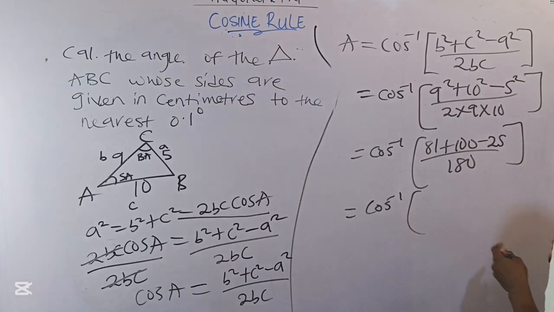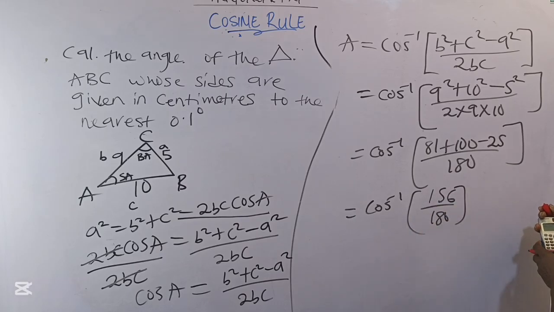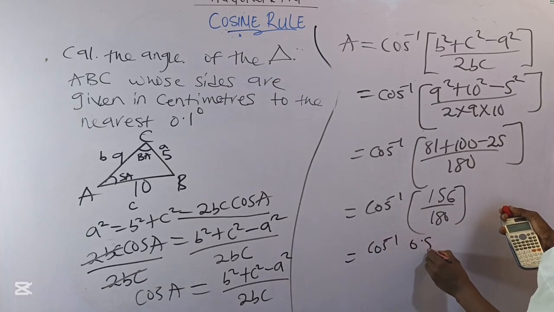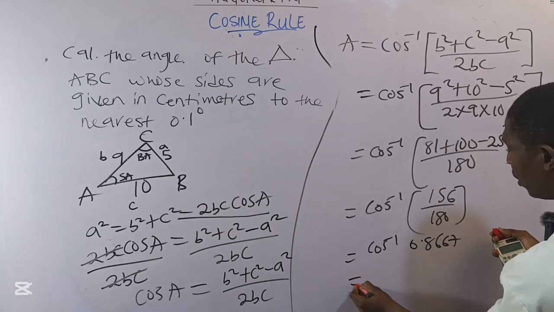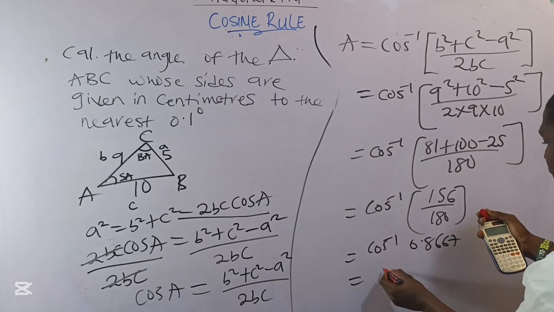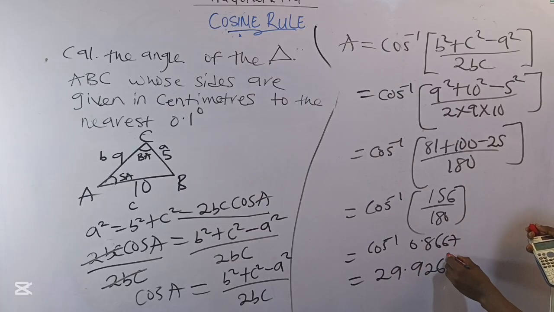So we have cos inverse of 181 minus 25, giving me 156 all over 180. And if I divide it by 180, I will have cos inverse of 0.8667, which will give me, shift cos, my answer, 29.926 degrees.